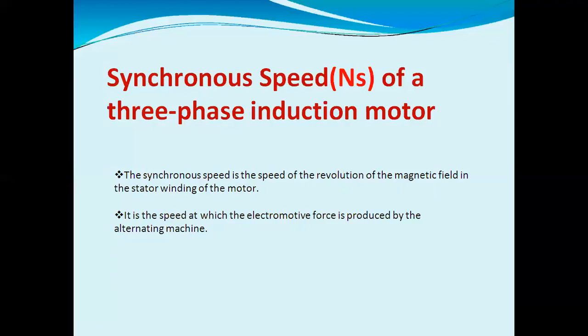The speed of the rotating magnetic field in the stator winding is known as synchronous speed. It is the speed at which the electromotive force is produced by the alternating machine.